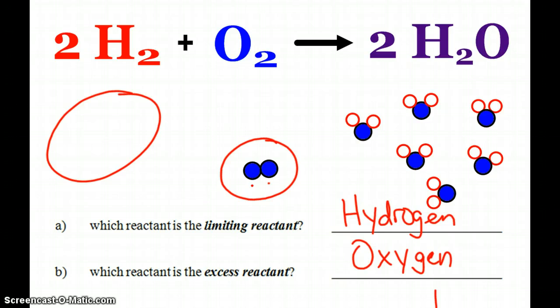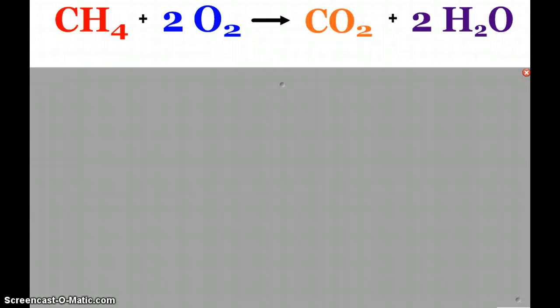Well, now look at the next reaction on the back. This is the complete combustion of methane. So methane reacting with oxygen, making our carbon dioxide and water. So what we have to do to complete this task is we want to draw the particles, but we have to follow the recipe. We have to use that very important mole ratio.